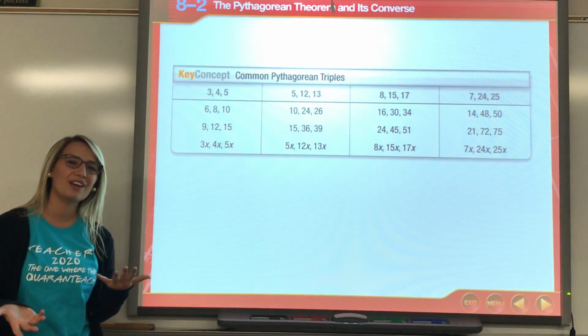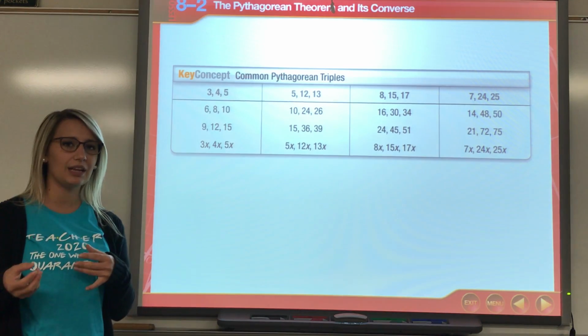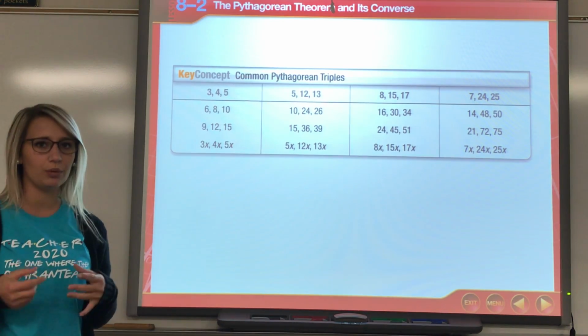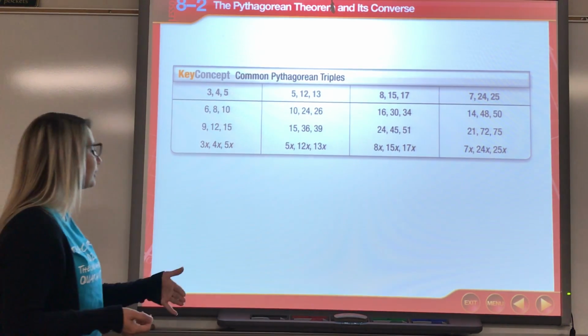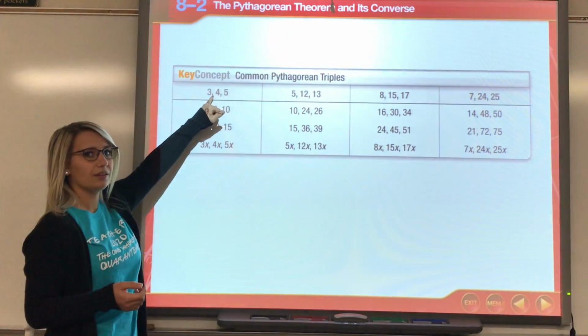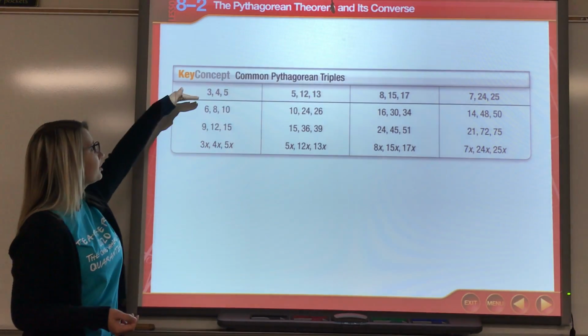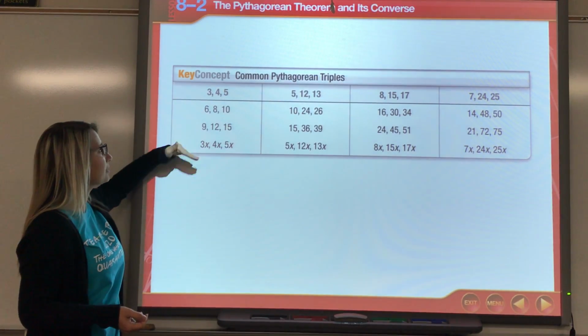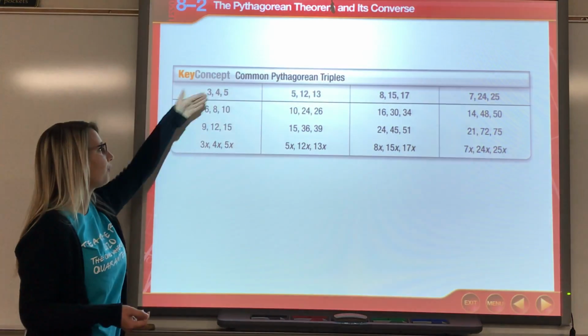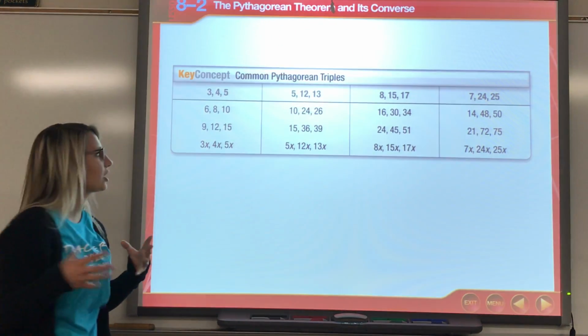Okay, so here are some Pythagorean triples. When we plug these numbers in for a, b, and c, a squared plus b squared will always equal c squared. So in this case, if we square our 3 and our 4 and add them together, we get the square of 5. And notice we're just doubling each of those numbers, or adding another 3, another 4, and another 5 to make bigger triangles, but they're similar triangles.